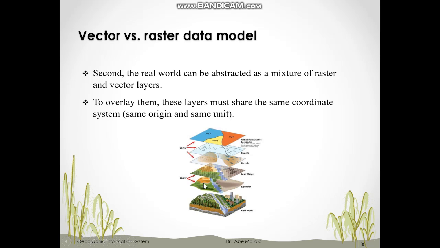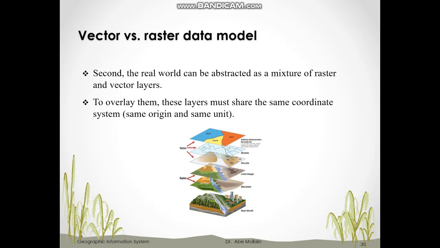But for the street network, the parcels and the administrative boundaries, they use vector data models. So if we combine them together, we can create the real world. The real world can be abstracted as the combination of the vector and raster data models.